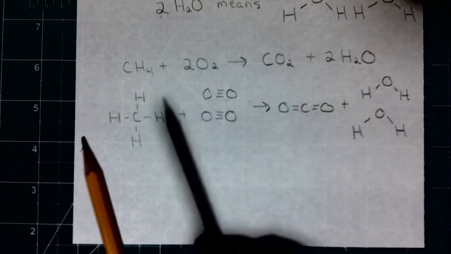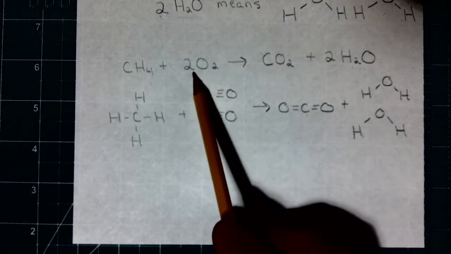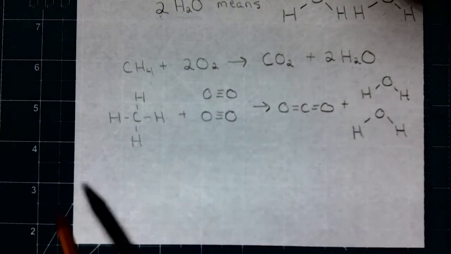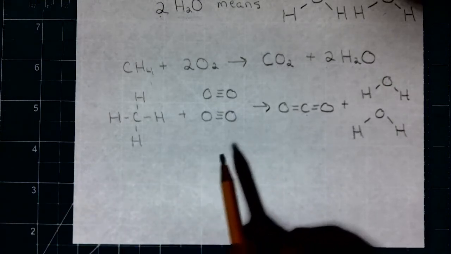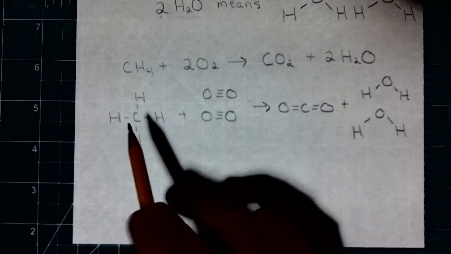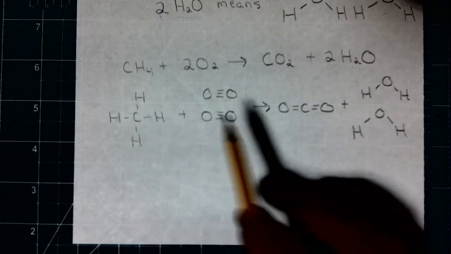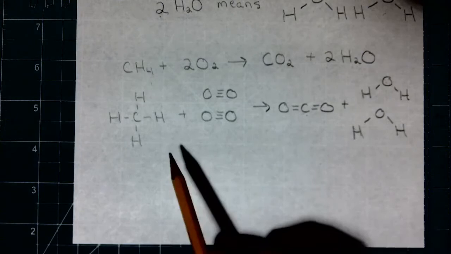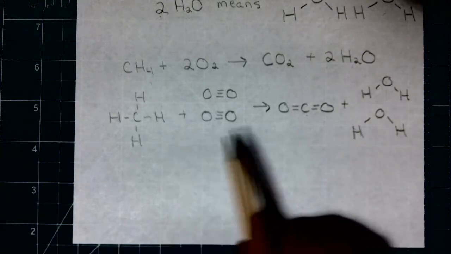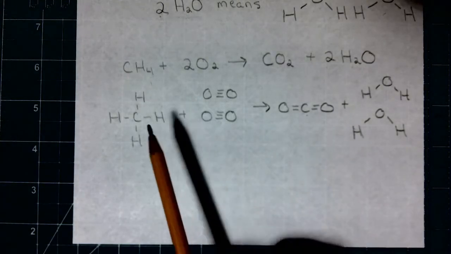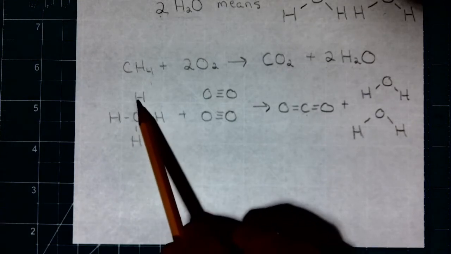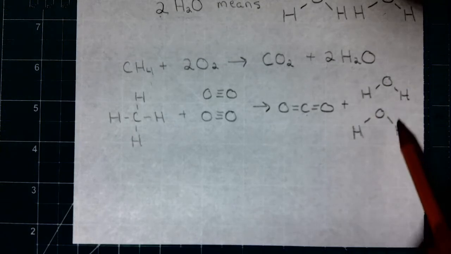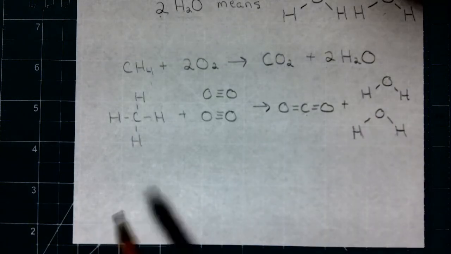Now the important thing to remember is, why do I have these subscripts? Why is it important that there's 2 of these and 2 of these? That all comes down to our mass balance. If you notice, there's 1 carbon on this side and there's only 1 carbon on that side. We didn't add or remove any carbon atoms. We didn't create matter or destroy it here. We have 1, 2, 3, 4 hydrogens on this side, and 1, 2, 3, 4 hydrogens on that side.